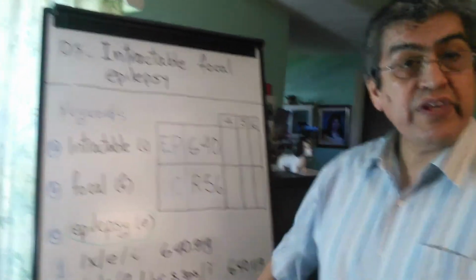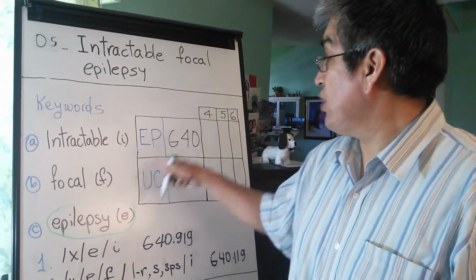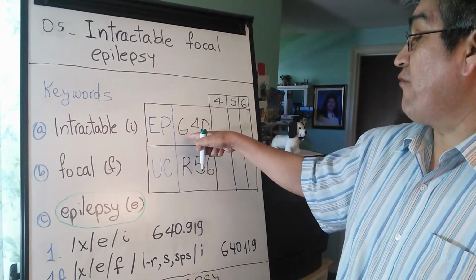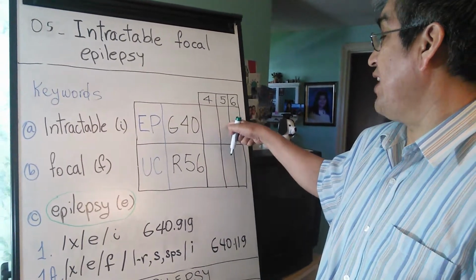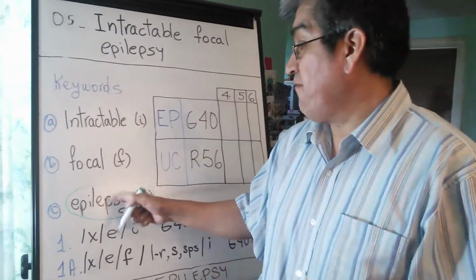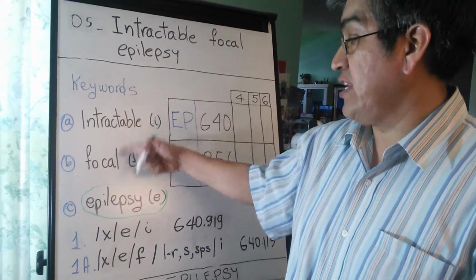In the theory, we have already explained that once we see the word epilepsy, we go to the first row. You see epilepsy here, so our first code would be G40, and we just have to find the 4th, 5th, and 6th characters. How do we do that? By finding a path that combines all the keywords.